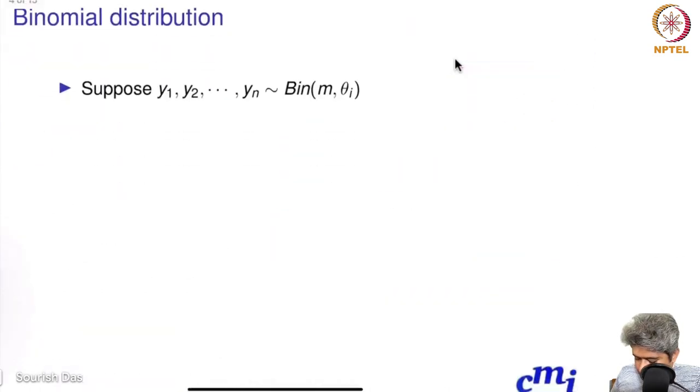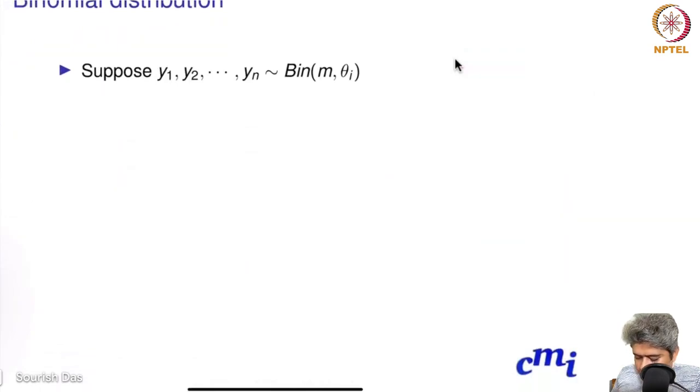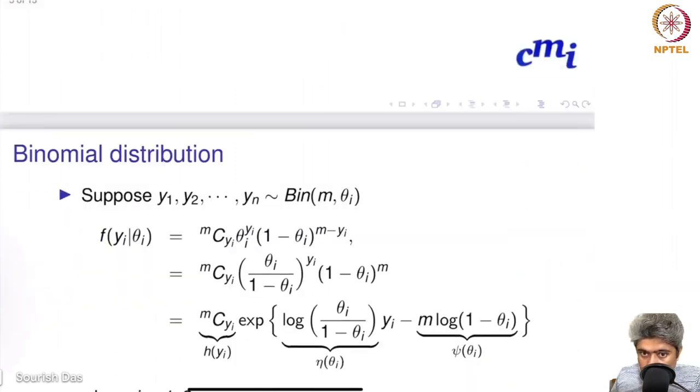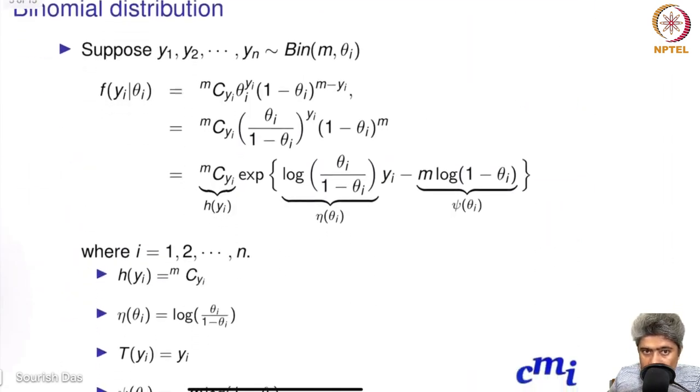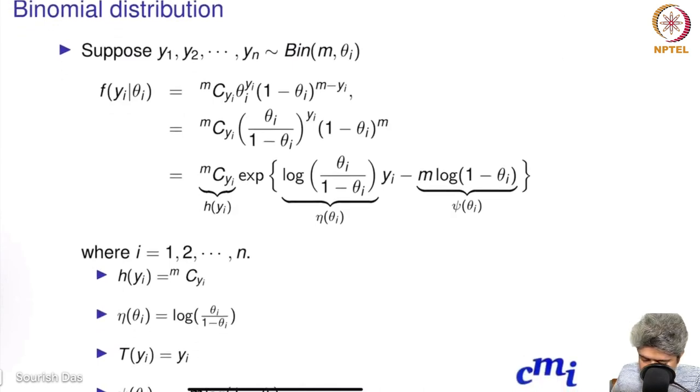The first model I'm going to talk about is the binomial distribution. Suppose y1, y2, ..., yn are binomial distributed with some m and theta i. That means my distribution is f of yi given theta i, m choose yi, theta i to the power yi, 1 minus theta i to the power m minus yi.